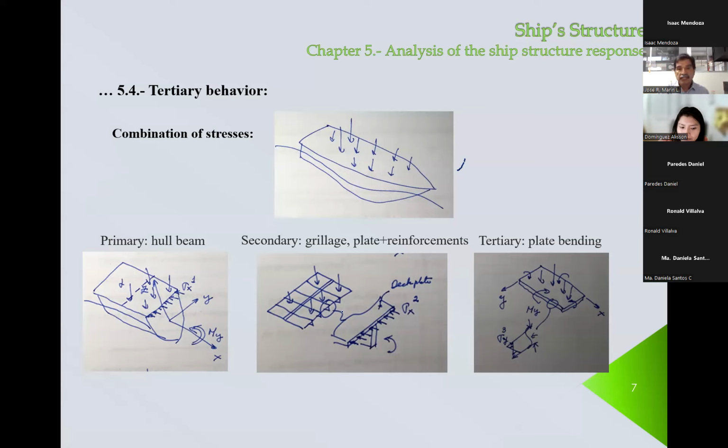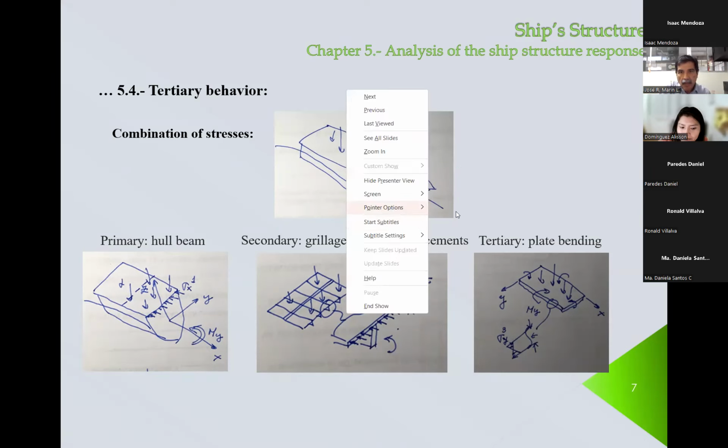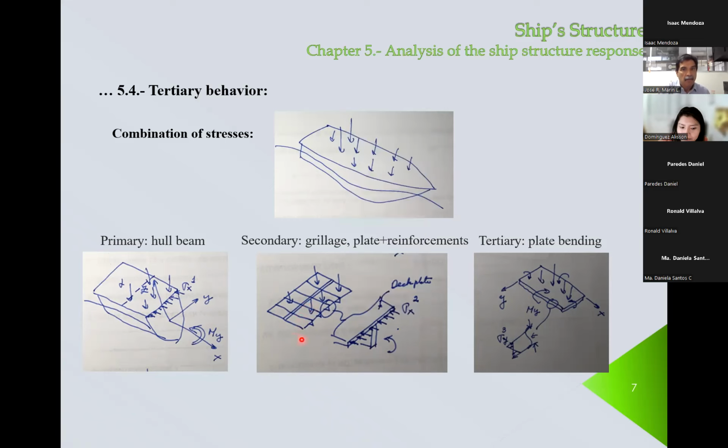Okay, so in this case, for example, since this dimension is much smaller than this dimension, that means in this direction we could expect the tertiary stresses to be higher. So this moment will generate stresses in the Y direction larger than in the X direction.